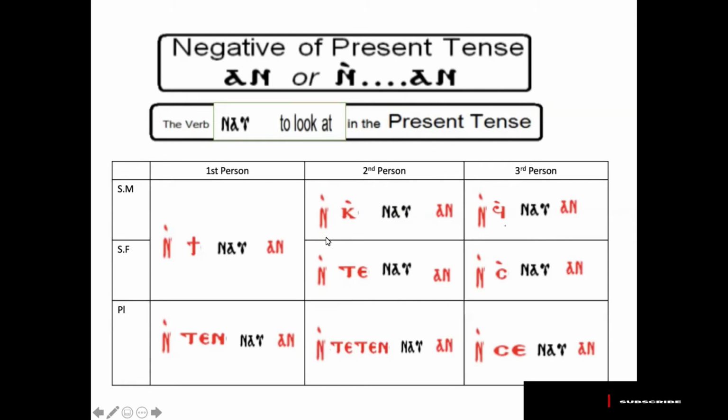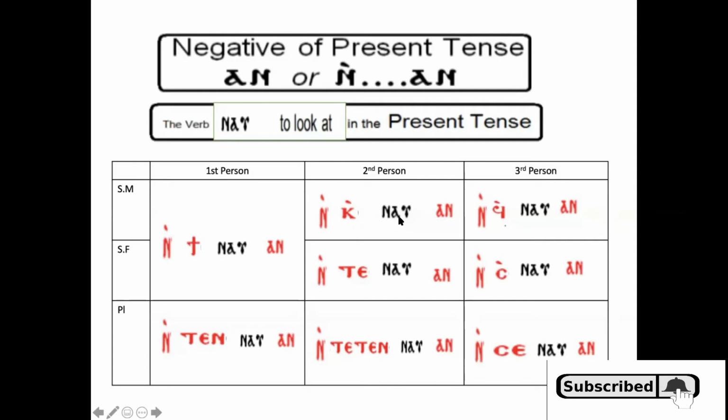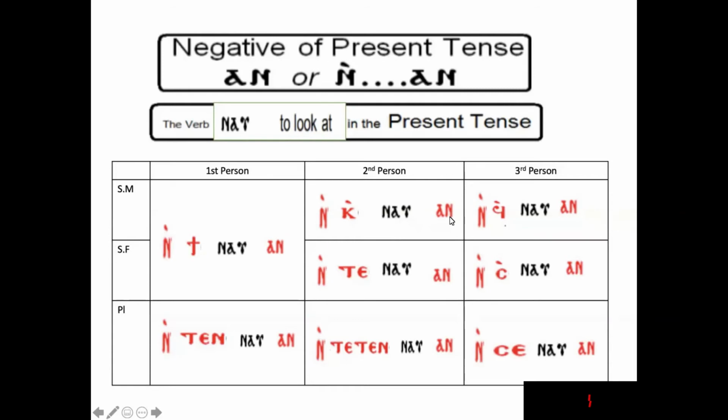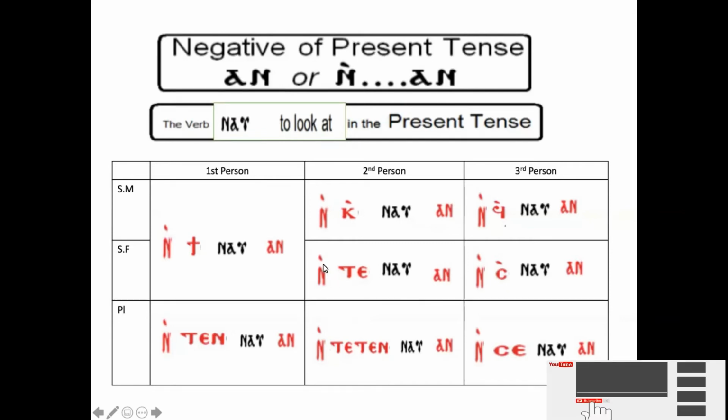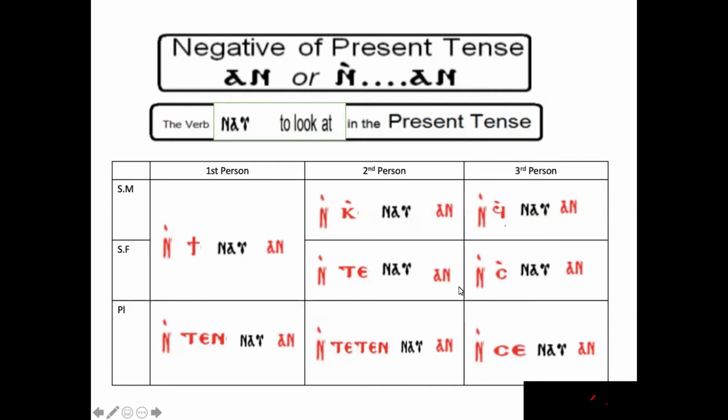And if I talk to someone singular masculine and I say you do not look at, I say in ek nav on. If I talk to someone singular feminine and I say you do not look at, I say in te nav on.